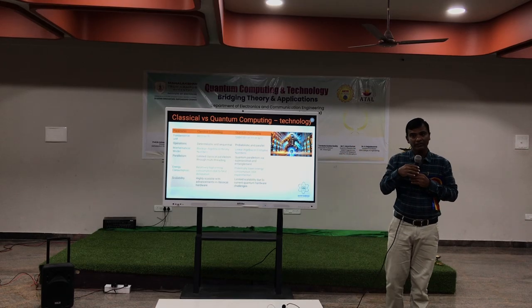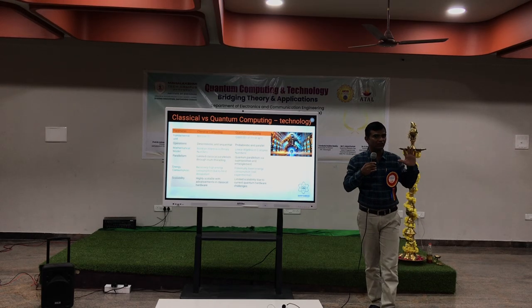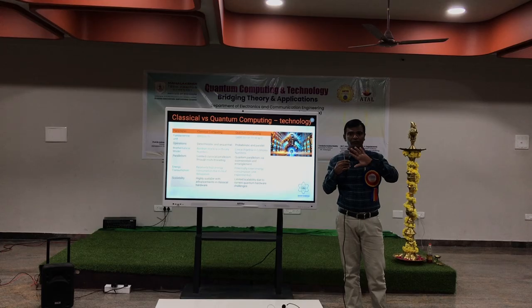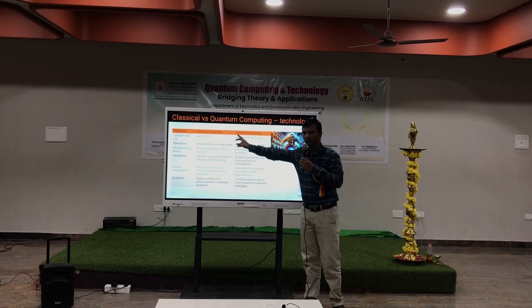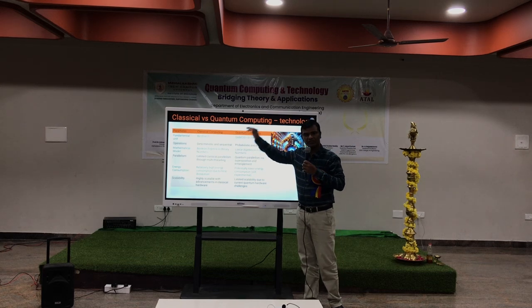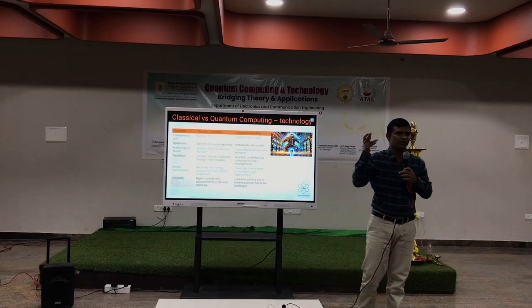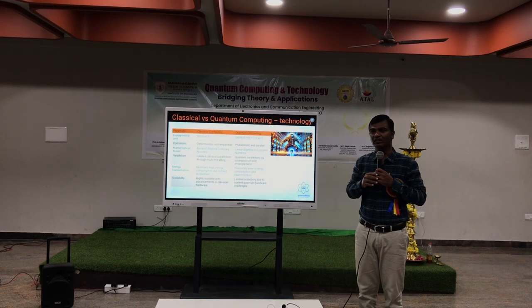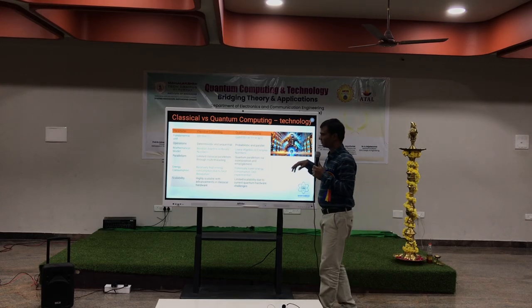It can even process all records at a time. To process all records at a time, again your architecture should change. That means the number of qubits will change, and as the number of qubits changes, the size of the gates will keep on changing. We will see that later.